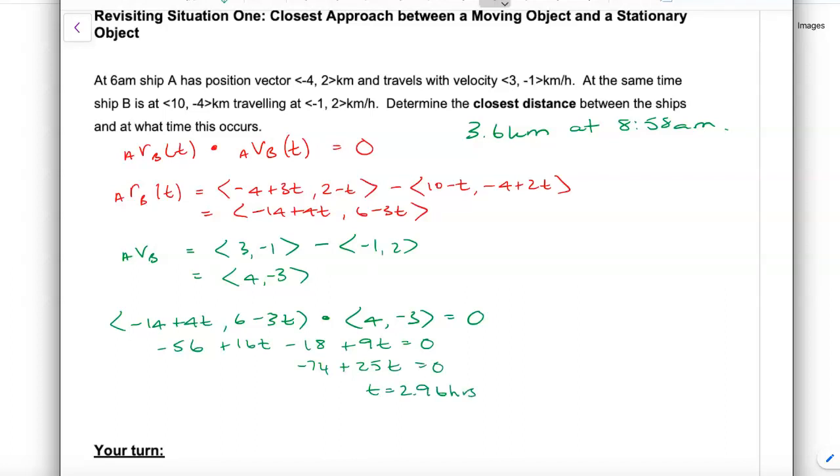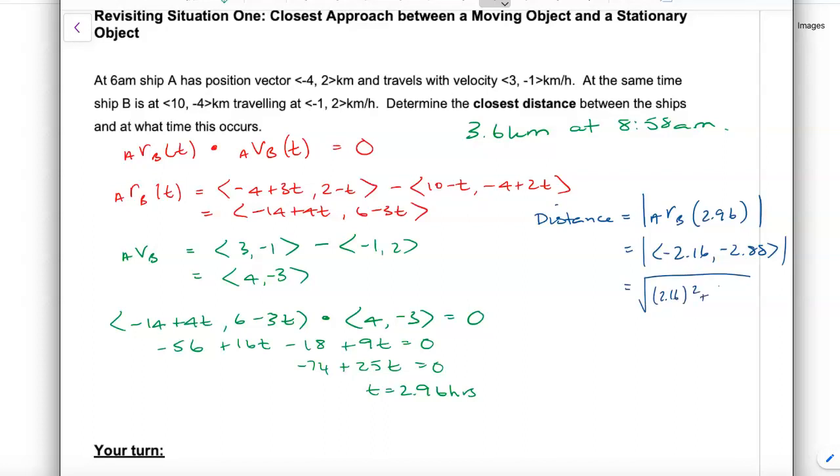Okay, so now we need to work out that distance, which is going to be A relative to B at 2.96 hours. So we need the magnitude of our solution. We've got -2.16 for the i component and -2.88 for the j. So when we find the magnitude of these, we end up with 3.6 kilometres exactly.